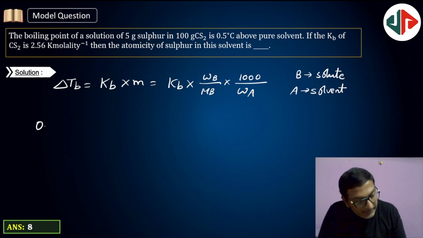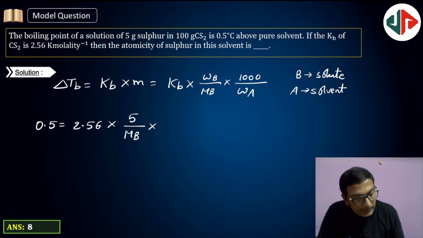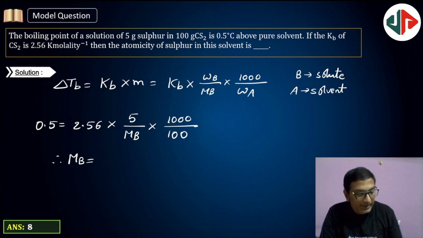So delta Tb is given, 0.5 equals Kb value 2.56 into weight of sulfur, which is 5 grams, by molecular weight, which we must find, into 1000 by Wa, so 100 grams. So from this, the molecular weight will be equal to 10 times. Therefore Mb equals, by solving, Mb is the molecular weight of the solute.